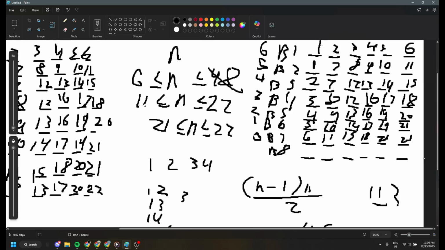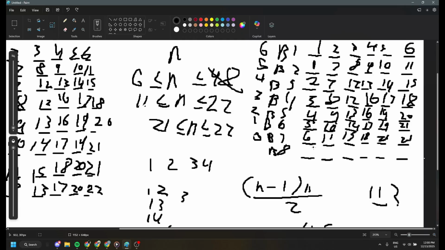Oh, and then we can get a full diagonal. So 1 never appeared with, oh, we have to start here. What? 1 did appear with 7. What am I talking about? 1 appeared with 7. 2 appeared with 7.